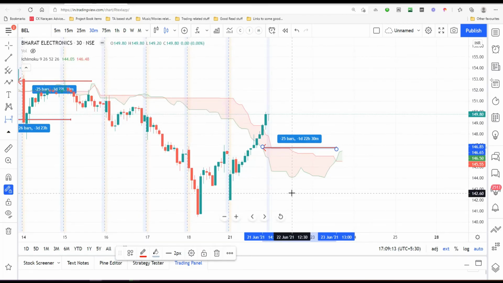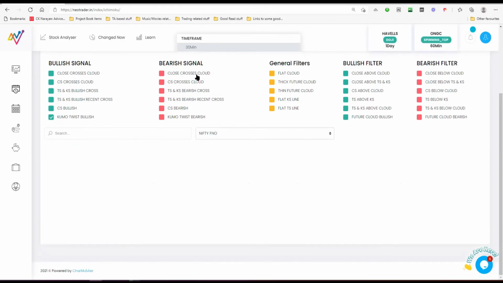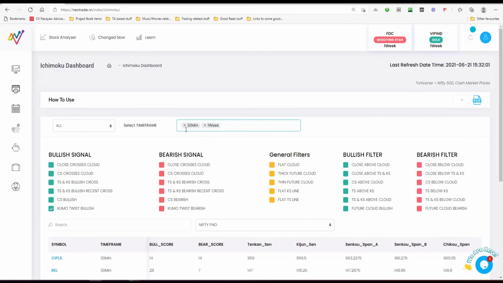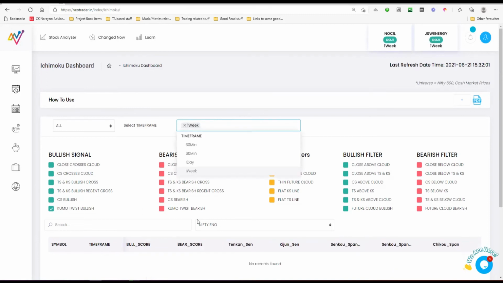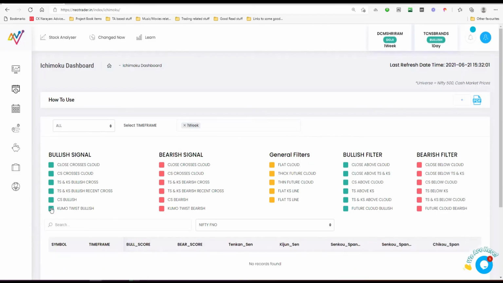Right. So now if you just extend this logic, and let us say today was the start of a new week, you could have done this on, let's remove the 30 minute and then do this again. So Kumo Twist bullish because last week ended bearish.